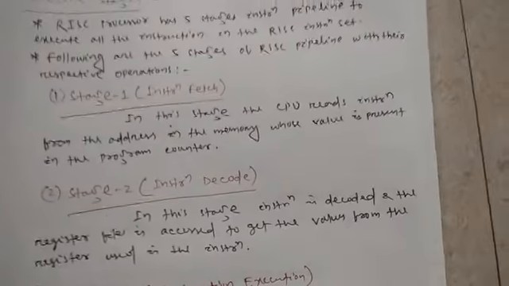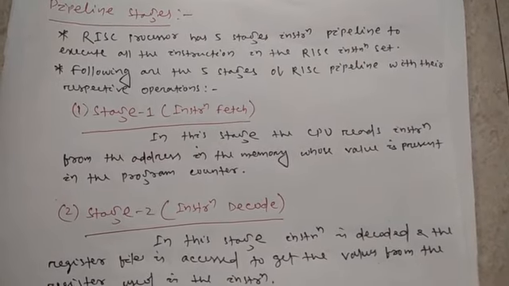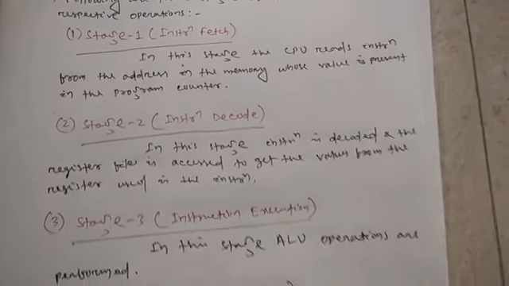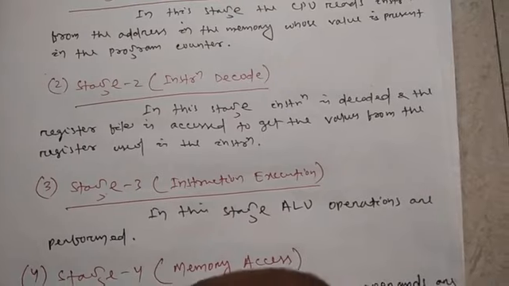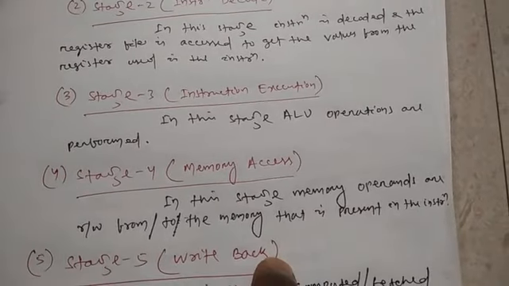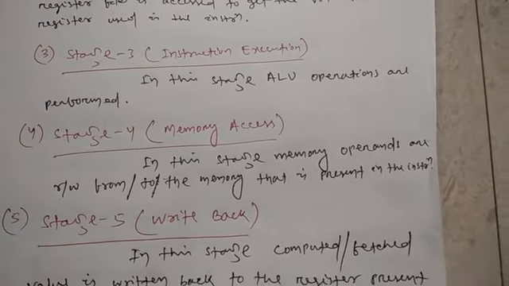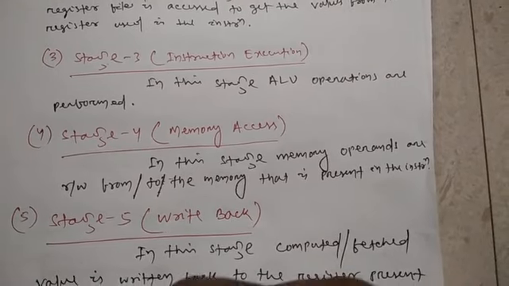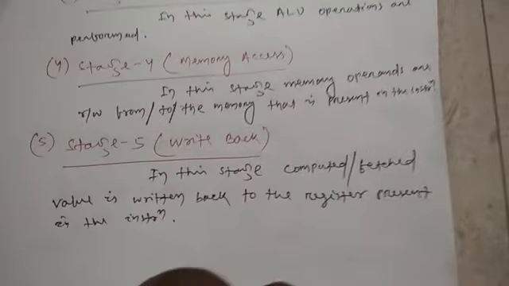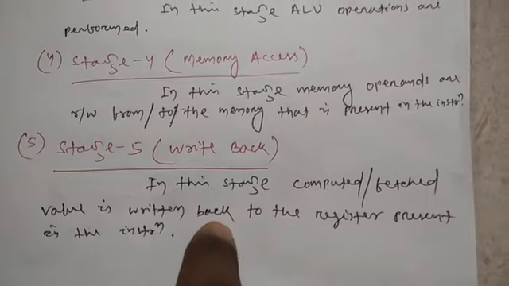When we want to execute an instruction, first we have to fetch the instruction from the memory. After that we have to decode the instruction, the exact value of the instruction. After that we execute the instruction with the help of the ALU. After execution, if some data is required from the memory, we access that, and finally we store the output into the memory or registers.